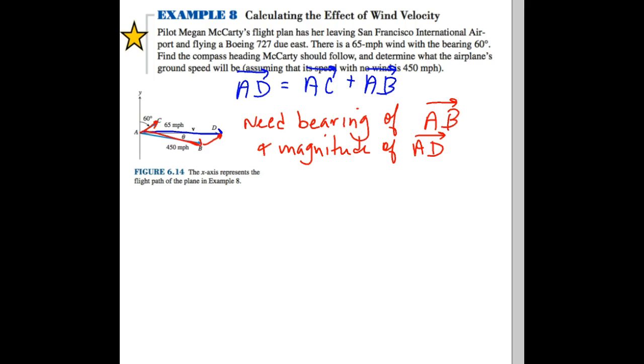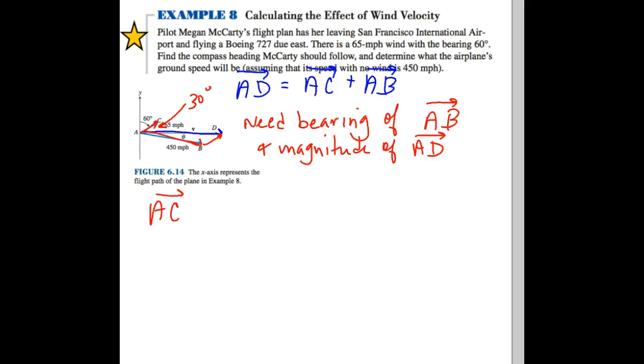Okay. So let's look at if we can come up with some components for AC and AB. AC is the wind, right? And it said it has a bearing of 60 degrees. So what is the direction angle for that wind? Everybody okay with that, that it's 30 degrees? Its bearing is 60. The direction angle here would be 30 degrees.